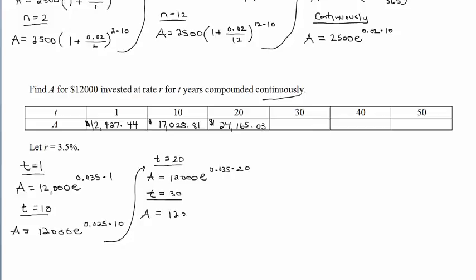What about after 30 years? Almost triple your $12,000. So at your age, if I was you, I'd try and find $12,000 and put it in the bank, and at least find a bank that compounds your money continuously, because you've almost tripled your money.